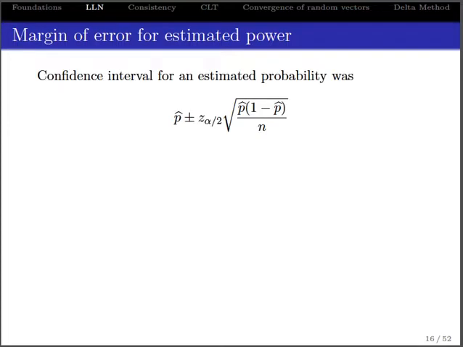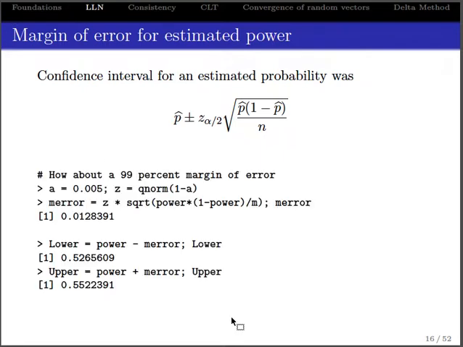Margin of error, it's just this large sample confidence interval, and I calculated the margin of error. The power, by power I meant estimated power, is my p hat, and the margin of error was 0.01. It's a 99% confidence interval, right?